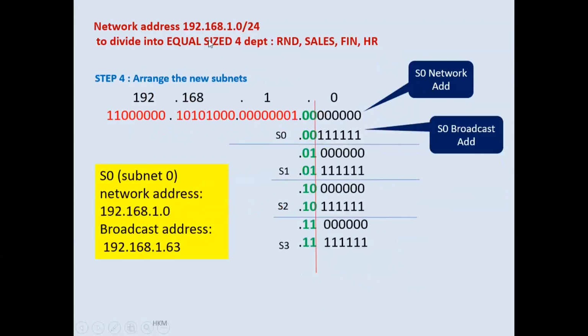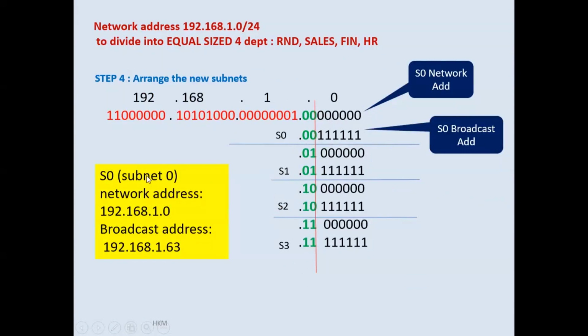Once we have that, because we are doing 4, so we have subnet 0, subnet 1, subnet 2, subnet 3. The first subnet is subnet 0, the second subnet is subnet 1, third subnet is subnet 2, and the fourth subnet is subnet 3. So let's say we look at this one.